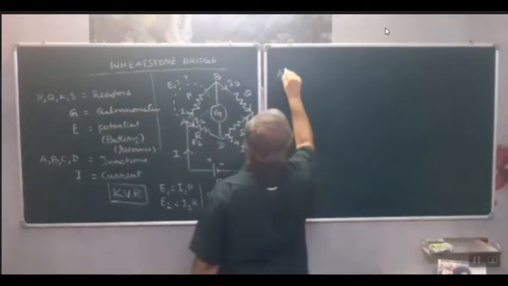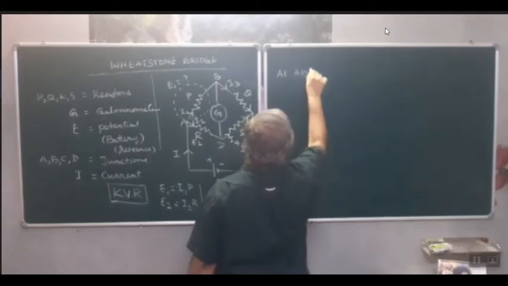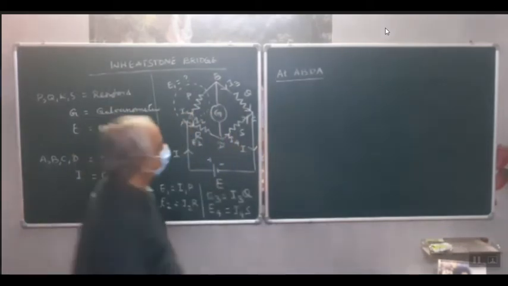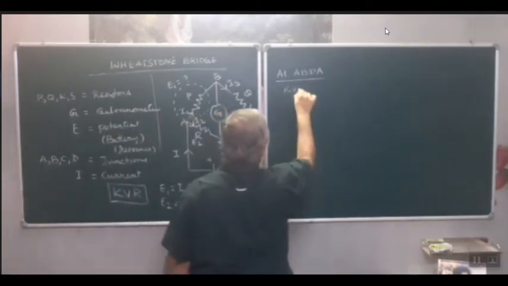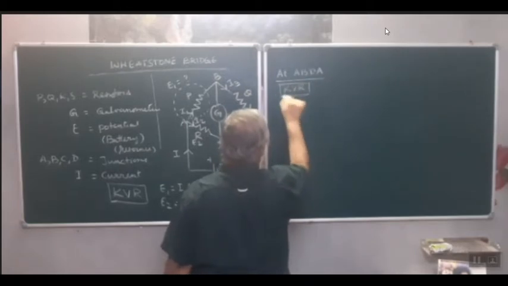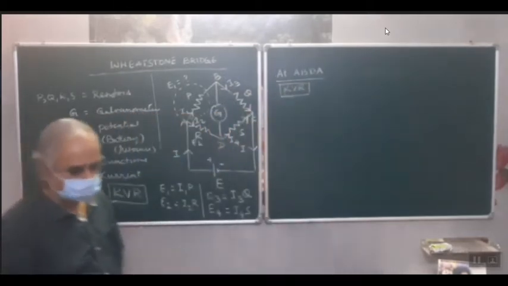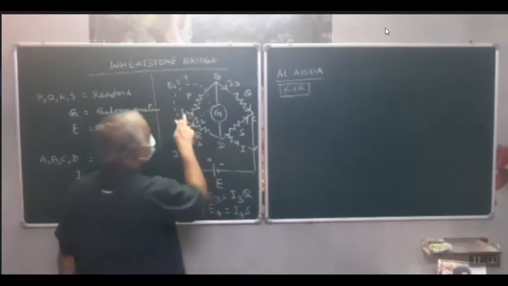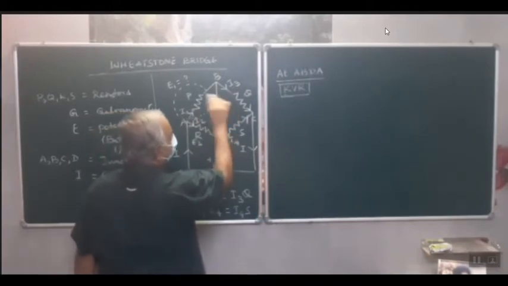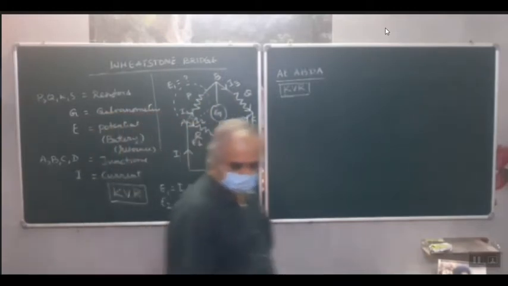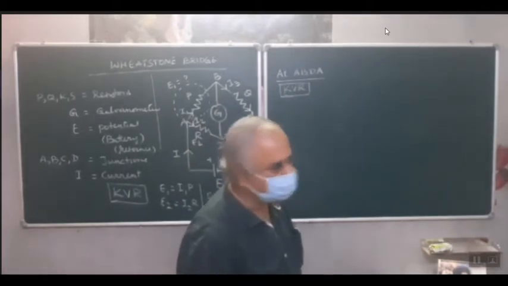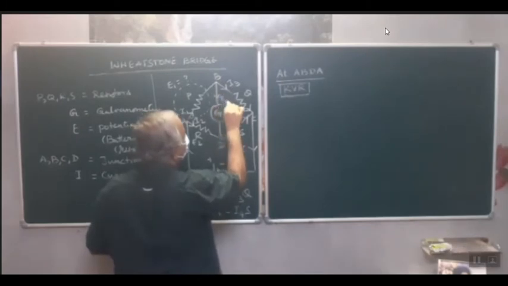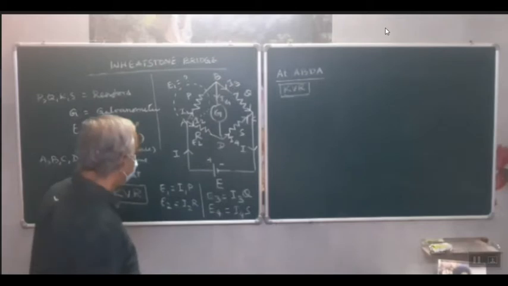Let us consider the triangular loop ABDA. Let us apply the KVR, Kirchhoff's voltage rule. So the sum of potential in a loop is 0.